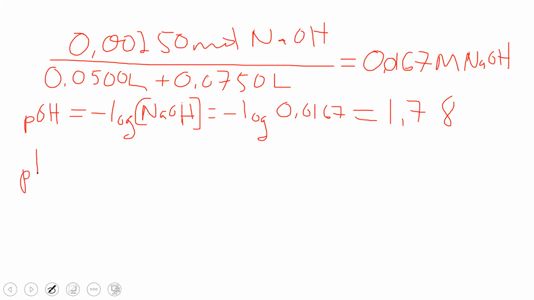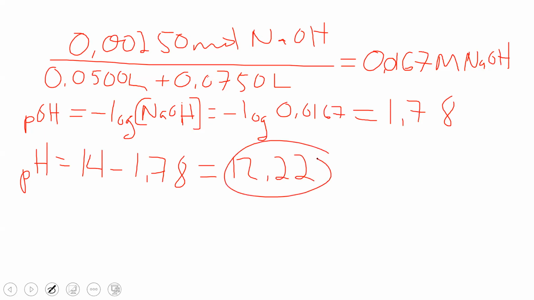So our pH will equal 14 minus 1.78 to give us a pH of 12.22 after the extra 25 milliliters of base has been added.